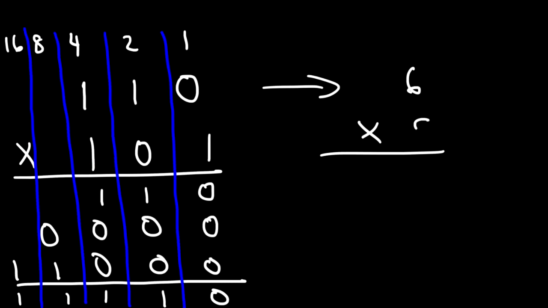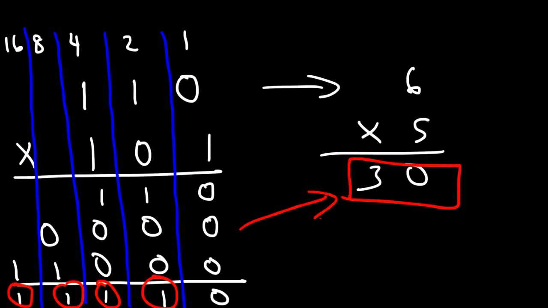And 6 times 5 is 30. So here we have 16 plus 8, that's 24, plus 4, that's 28, plus 2, that's 30. And so this is indeed the right answer, 11110.